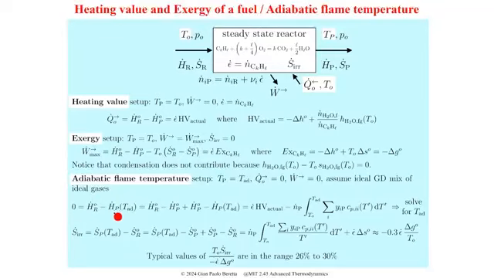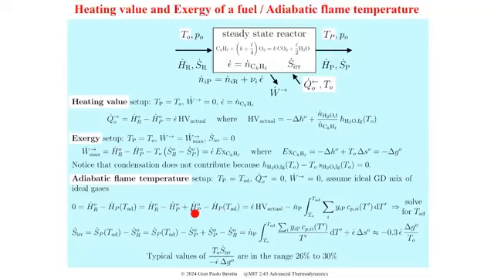Now the enthalpy of the products has to be computed at temperature T adiabatic. We can add and subtract the enthalpy of the products at standard temperature, so that this difference here is the same that appears in this other setup, and we've already computed it. It's the heating value times epsilon dot.